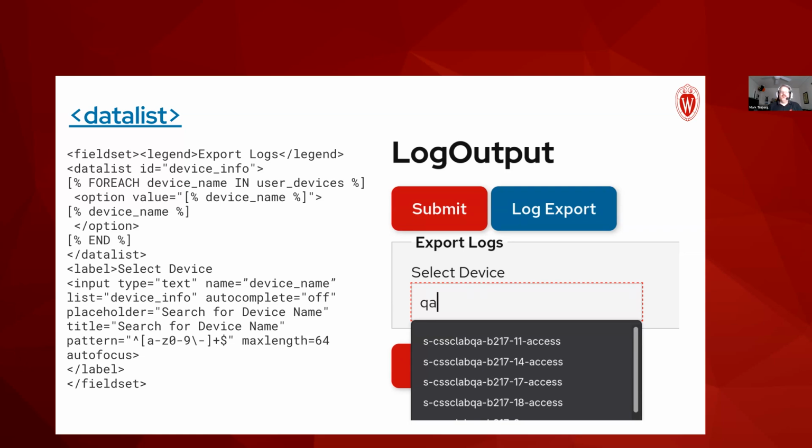But it's a great way to get people to make appropriate choices, and it works much better with a large list than, say, a select widget would, right? A drop-down list, once you get past 10 or 20 options, is kind of unusable to scroll through that many to find a particular thing. Whereas you can have thousands of options in a data list, and the type ahead search is instant for that.